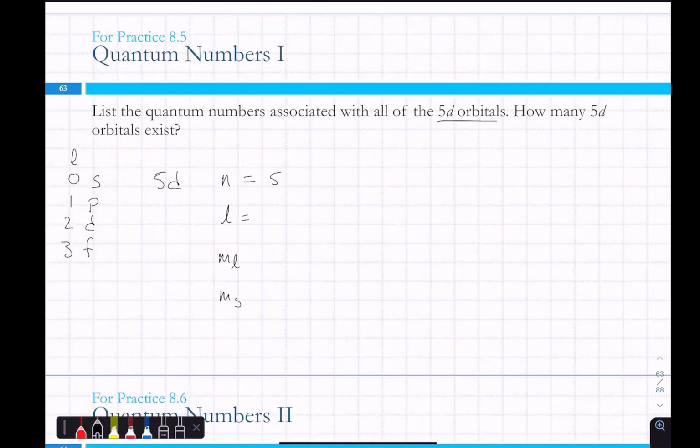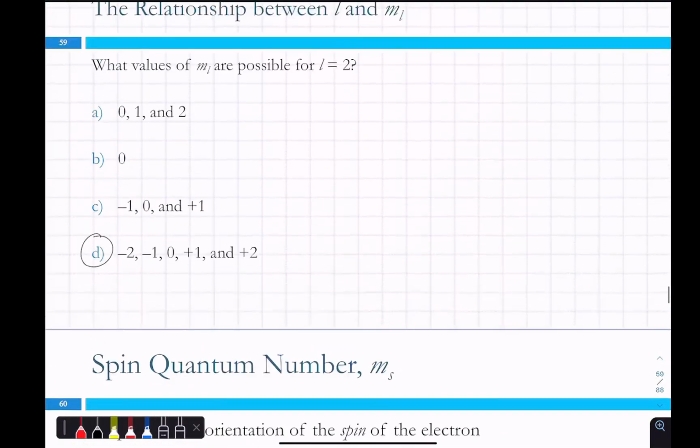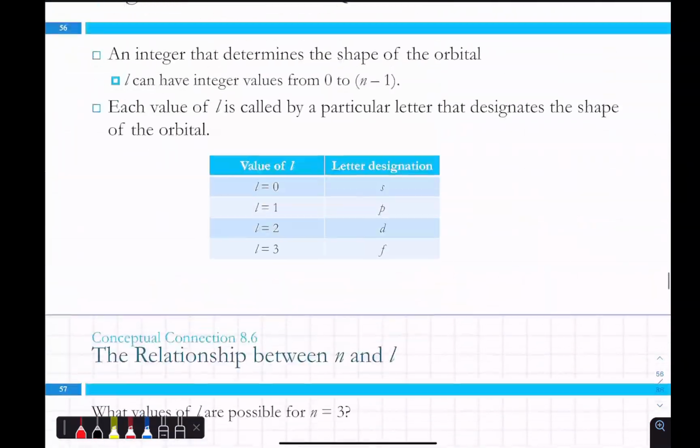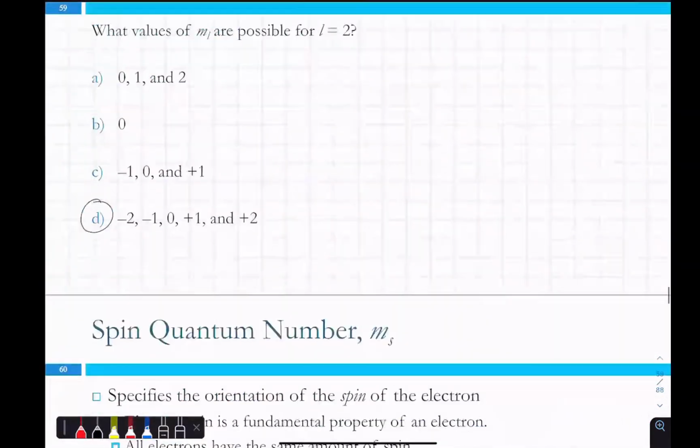That's a confusing question. So the angular momentum, is that the angular momentum quantum number? I always forget these names. Yeah, angular momentum quantum number is l.